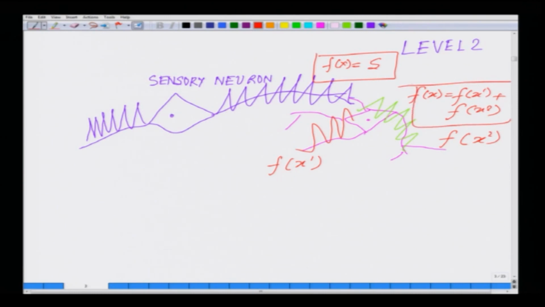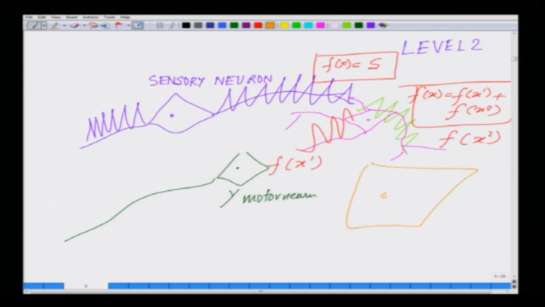This is how mathematically it could be defined. Now, from here this signal is transmitted to two different kinds of neurons. One is a smaller one which is called a gamma motor neuron, and the other one is the bigger one which is called an alpha motor neuron. Just for the understanding's sake, here you have all the synapses and everything.